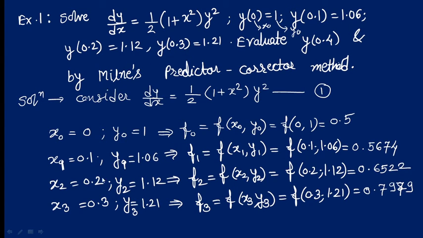Now here x0 is given, y0 is given, we easily find out f0, meaning function of x0, y0, whose value is equal to 0.5, and the function of x, y is the right hand side of the equation. Similarly, we find out f1, f2, f3, these are the required values.